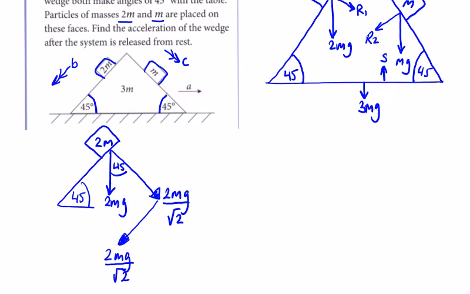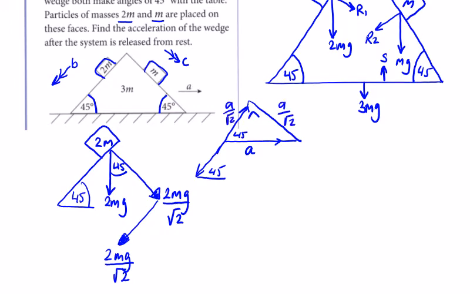Now, the acceleration here, we have to resolve along this line. I have my acceleration of A in this direction. So that's the hypotenuse, so I need my right angle over here. Along this side, I have 45 here, corresponding to the 45 down here. So they're both going to be A over root 2 because of the 45-degree angle.